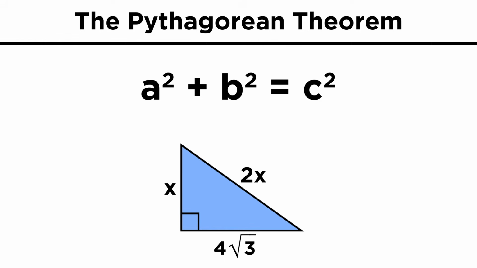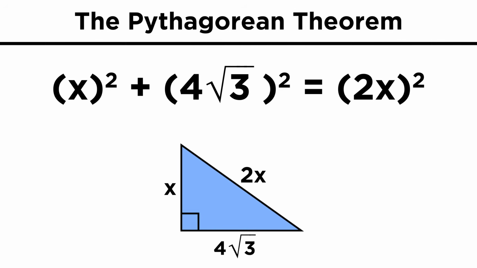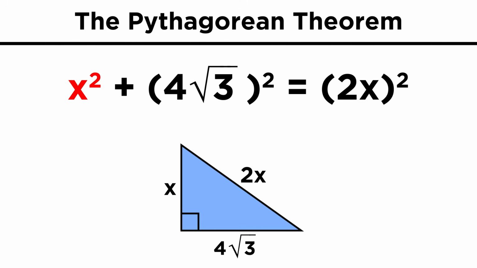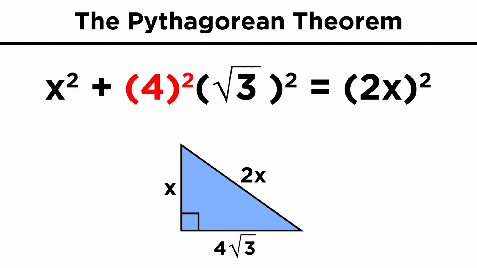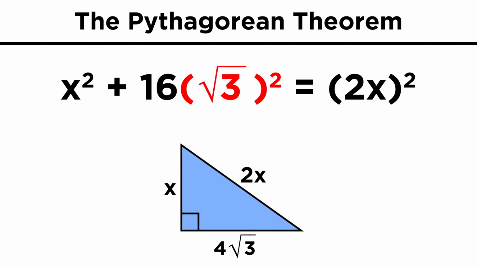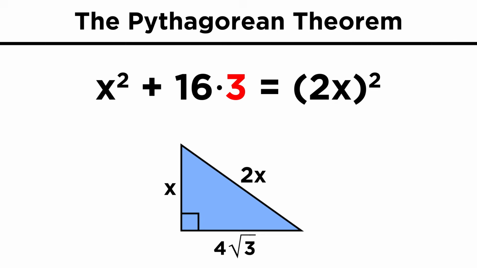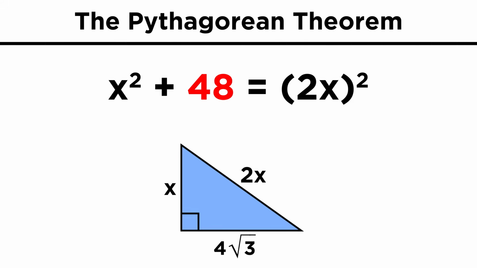Sometimes we do algebra using the Pythagorean theorem. Say the legs of a right triangle are equal to x and 4 root 3, while the hypotenuse is equal to 2x. What are all the side lengths? Well, we can plug these terms into the theorem just like we would any numbers. After squaring everything, on the left we have x squared plus 4 squared is 16 times root 3 squared, which is 3, giving us 48.